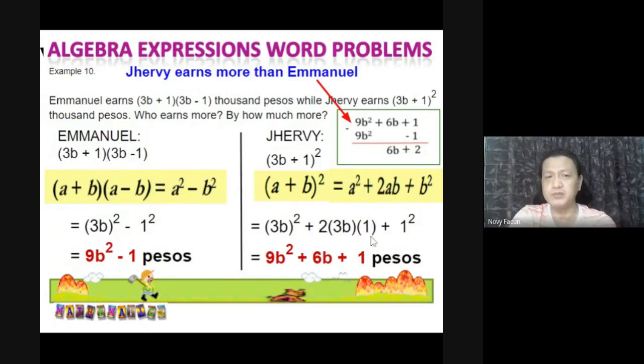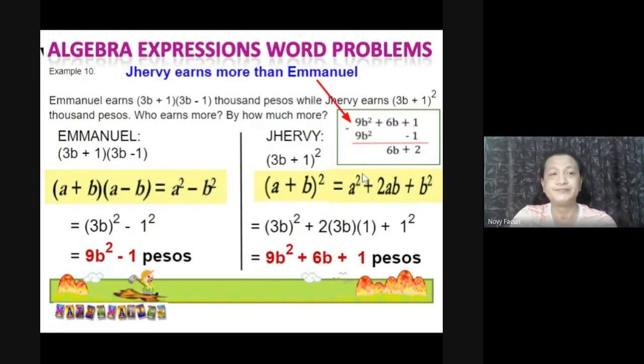That's why we're going to subtract 9b squared plus 6b plus 1 minus 9b squared minus 1. Therefore, the difference of Emmanuel's and Jervy's earnings is 6b plus 2. So yun yung sagot natin sa by how much more Jervy earns compared to Emmanuel.